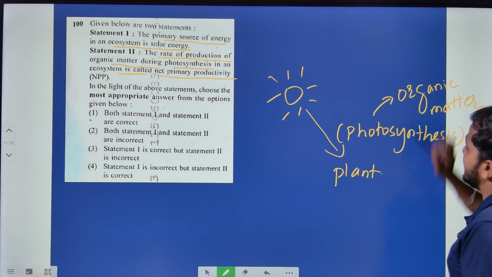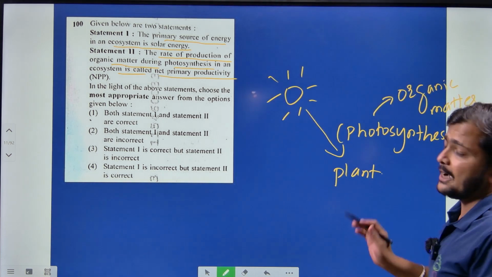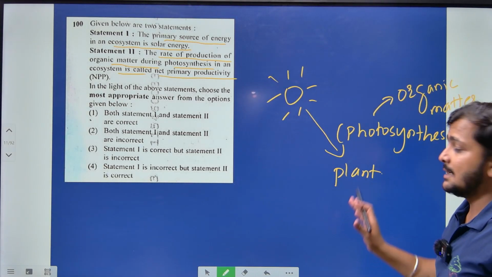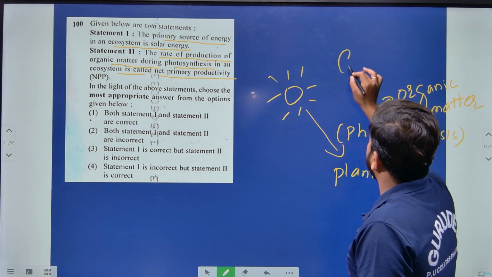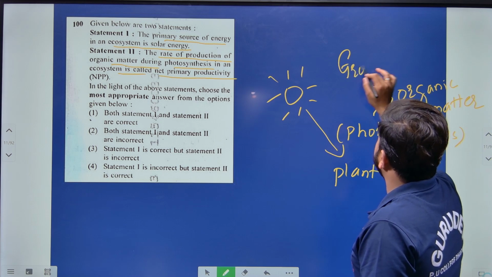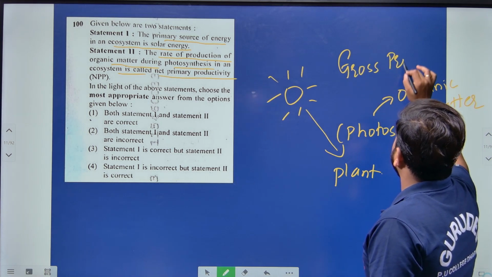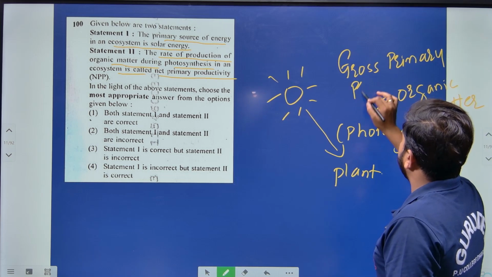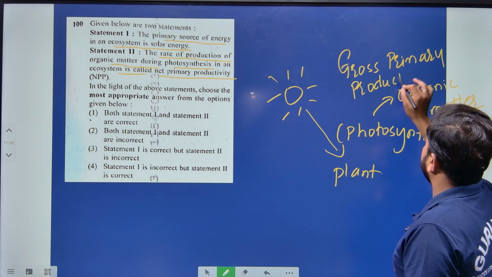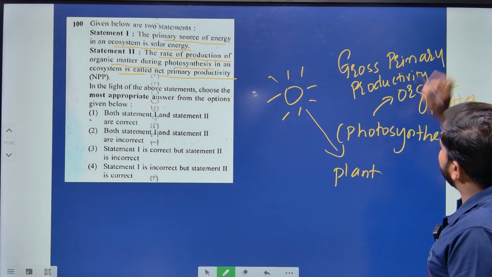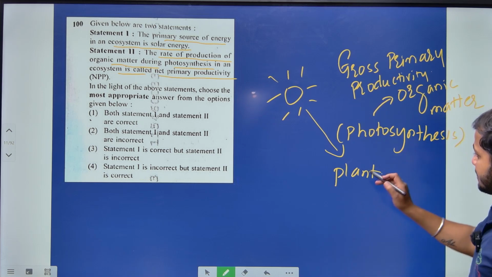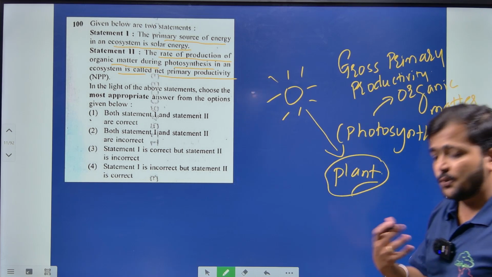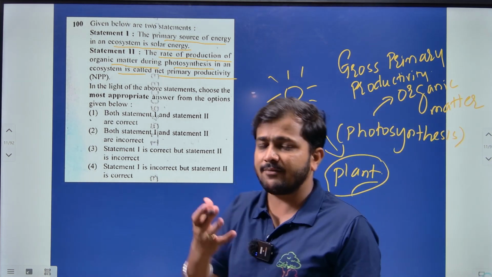Now, the organic matter that is primarily formed, I am going to call gross primary productivity. This gross primary productivity is produced by the plant, and the plant is going to utilize some of the energy from there.